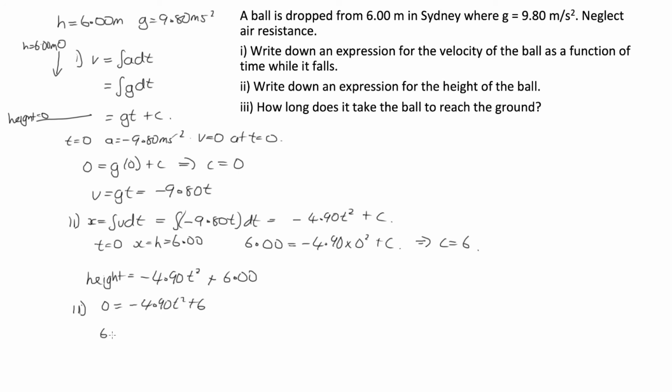So we have 6 is equal to 4.90 t squared. I move this over to this side and divide it by minus 1. And so t squared is equal to 6 divided by 4.90, and then we need to take that square root. So solving this, I get 1.10 seconds as the time this ball takes to drop to the ground.